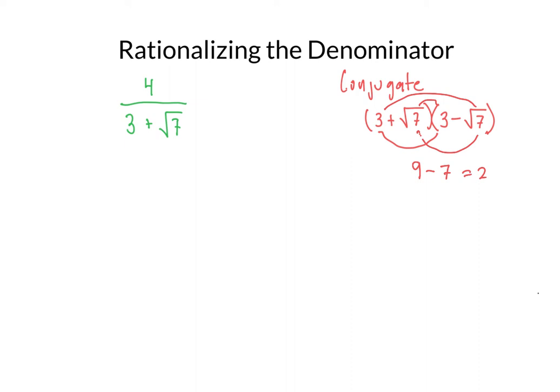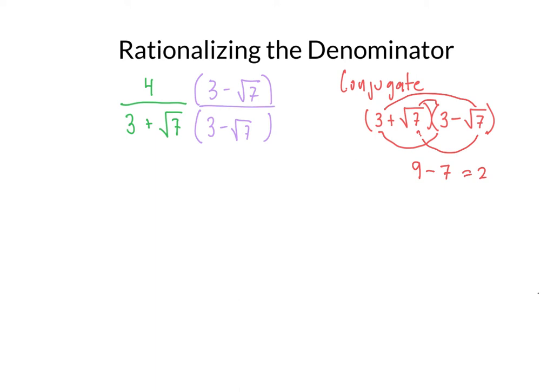So keeping that in mind, if I want to rationalize the denominator, what I need to do is just multiply the top and the bottom by the expression that would cancel the radical out of my denominator. So here I have 3 minus the square root of 7.